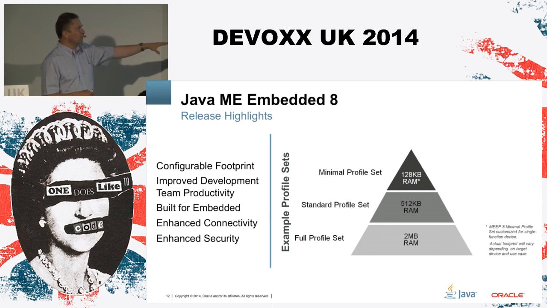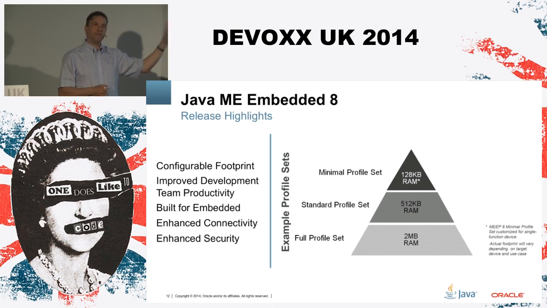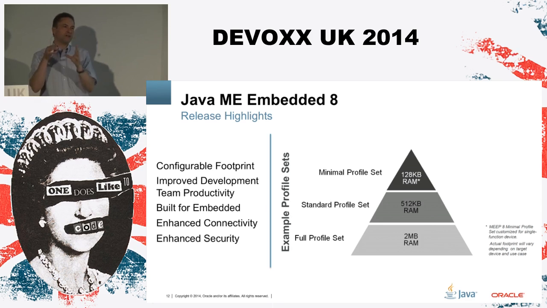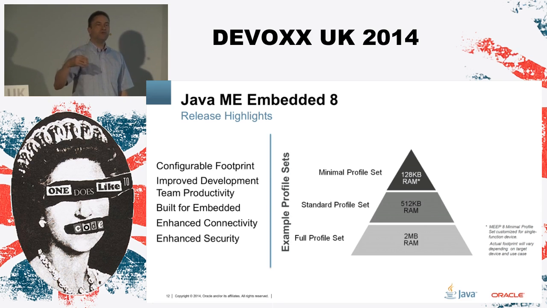And then if you want the full profile set, then about 2 megabytes of RAM. Now that's RAM for actually running your application. In terms of the libraries and the actual code that you need, again, squeezing it down to the very minimum, you're talking about less than 1 megabyte of flash memory to store all of the Java virtual machine, Java libraries, and so on.